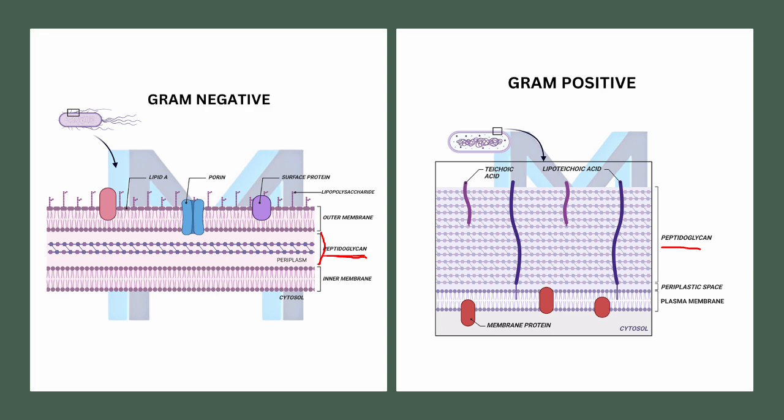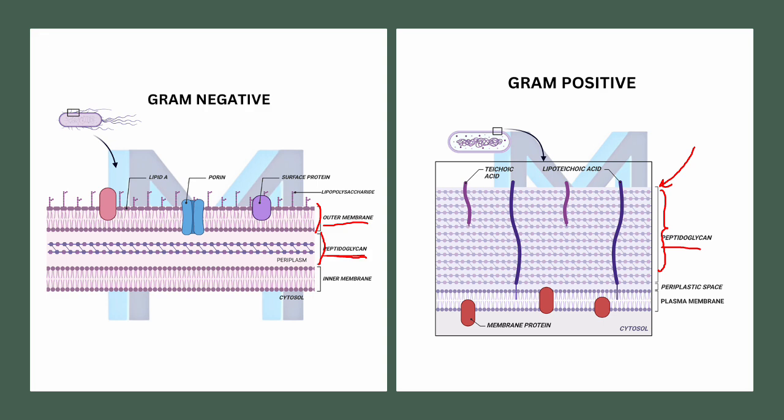Furthermore, this peptidoglycan layer that is thick in gram-positive provides rigidity and strength to the cell wall. But another thing that differentiates the two is that gram-positive does not have an outer membrane. If you look at gram-negative, you find an outer membrane here.